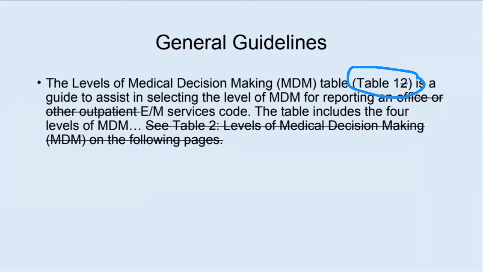Again, they crossed out the office or other outpatient service and just made it E&M services. The table includes the 4 levels of MDM, and then they crossed out Level 2. So this is kind of a formatting change and not really a big change.